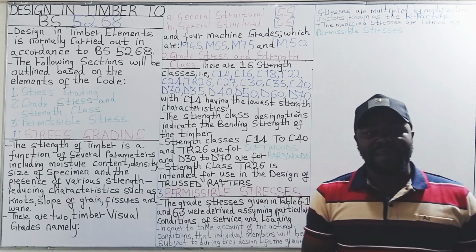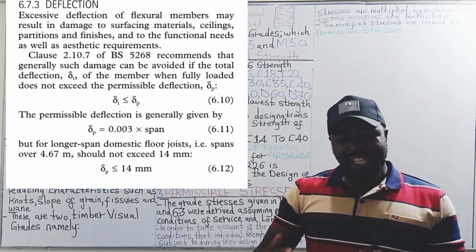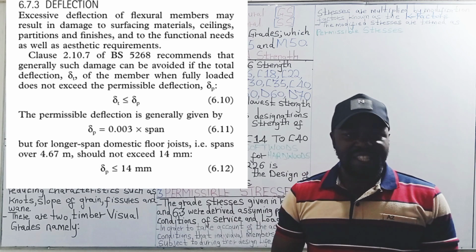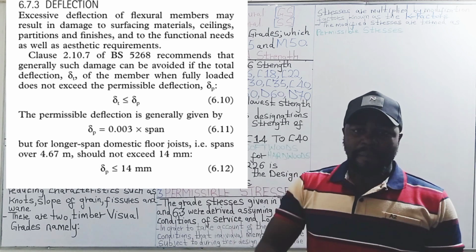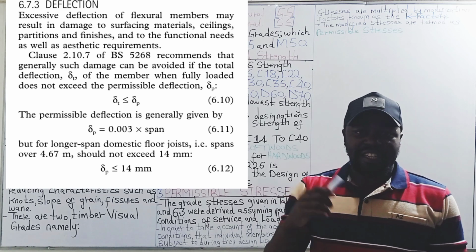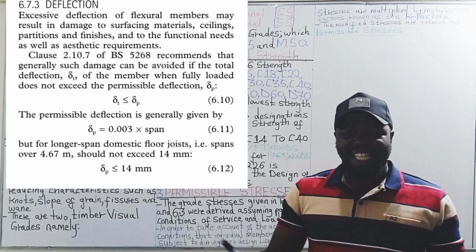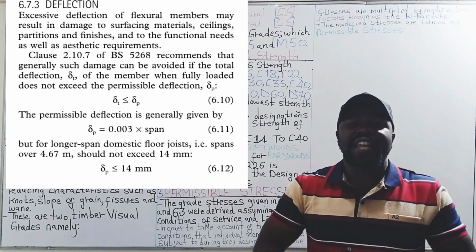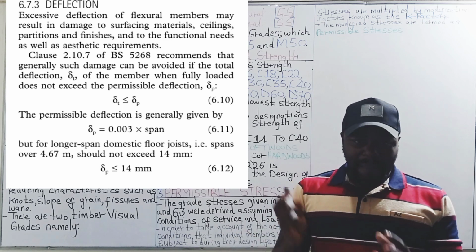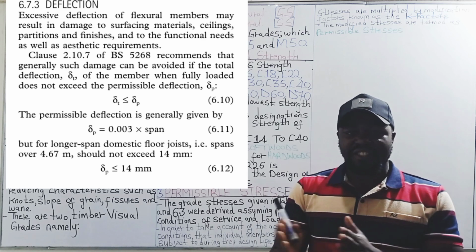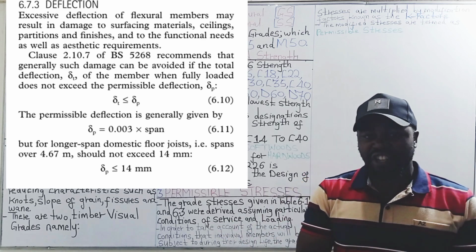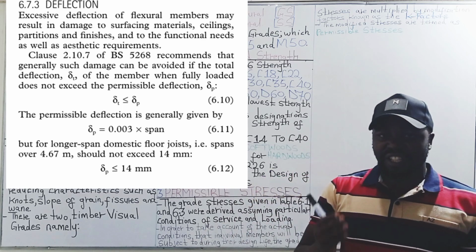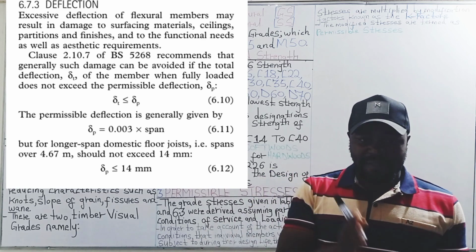Then we go to step number 2, that is deflection. Excessive deflection of flexural members may result in damage to surfacing materials, ceilings, partitions, and finishes, and to the functional needs as well as aesthetics requirements. Generally, such damage can be avoided if the total deflection of the member when fully loaded does not exceed the permissible deflection. The permissible deflection is generally given by 0.003 times the span.